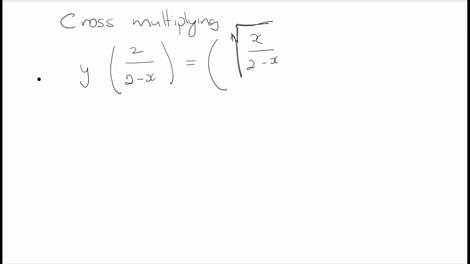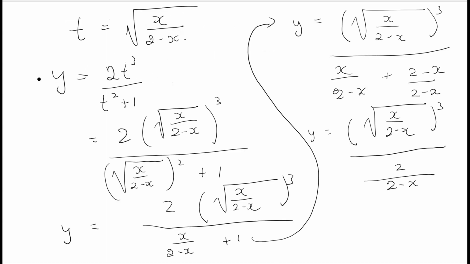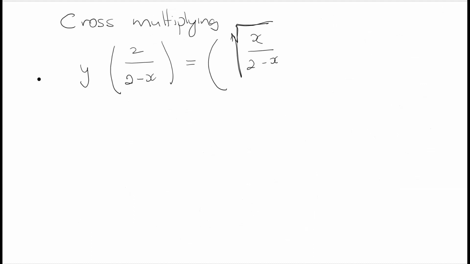Yes, way back here I had 2, and when I wrote it up here I lost my 2, so I'm going to put it back in again, and I'm going to put it back in there, and then when we come to the next slide I better put it in there too.